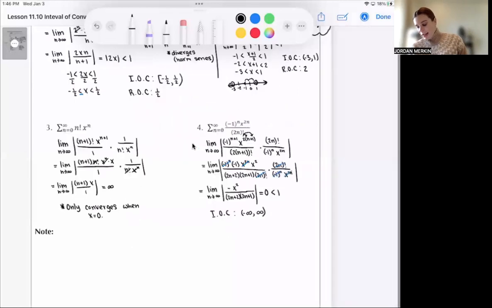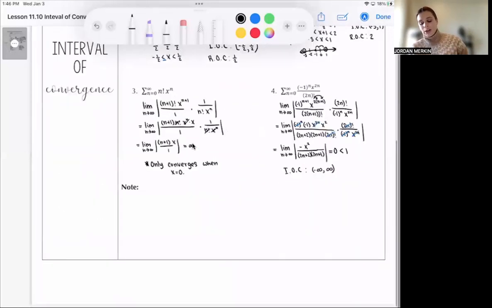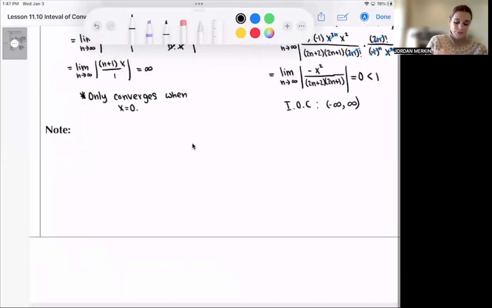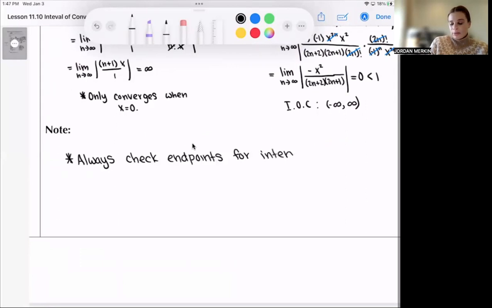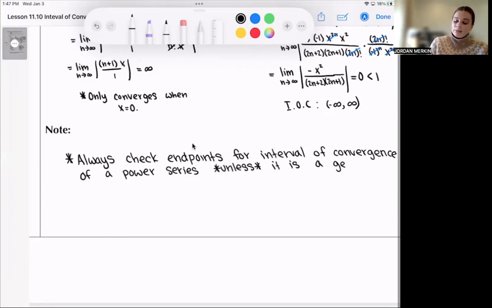Okay, so the last thing that it has here in your notes, where it says note: always check the endpoints for the interval of convergence of a power series, unless it is a geometric power series.